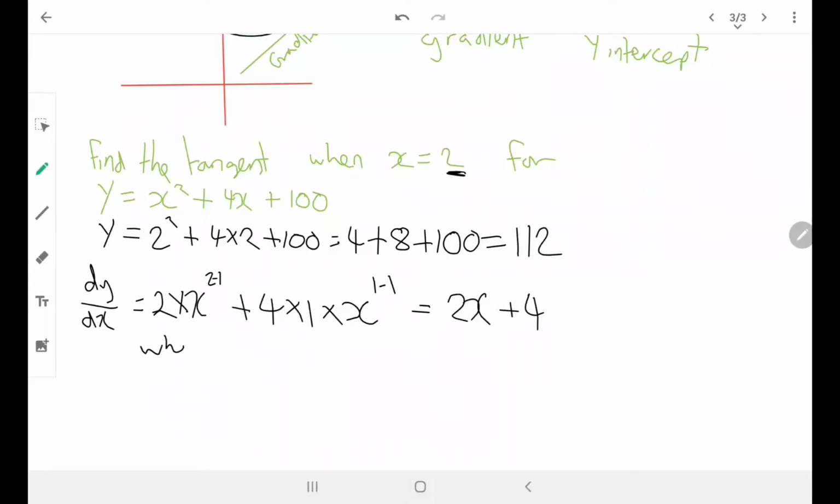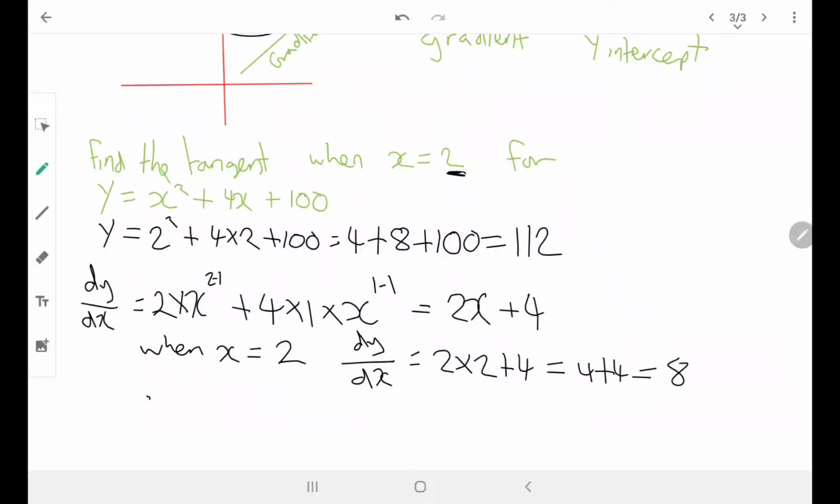So when x equals 2, dy over dx is 2 times 2 plus 4. 2 times 2 is 4, plus another 4 equals our 8. So our gradient of the tangent equals 8.